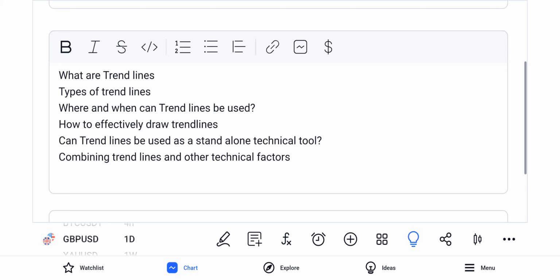So last but not the least, on trend lines, we can never talk about everything, but we always make sure that we give you what is essential for your growth as a trader or as an aspiring trader. So, combining trend lines with other technical factors. When trading the forex market, there is always what we call confluence, and confluence is a scenario where we have two or more technical factors coming together to support an edge in the market. And what is an edge in the market?